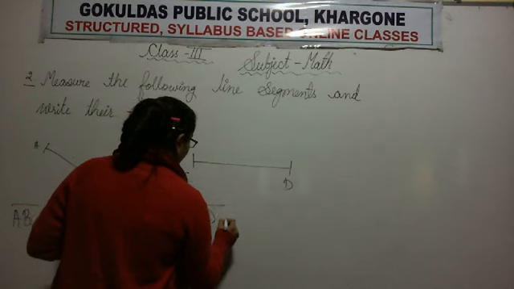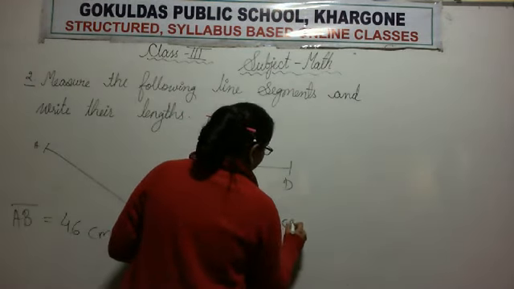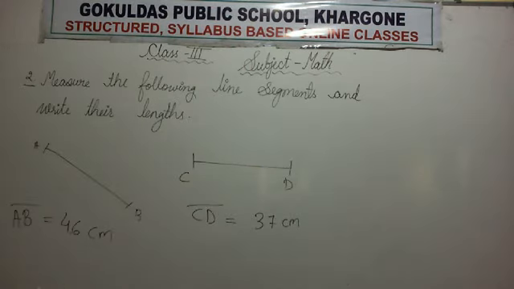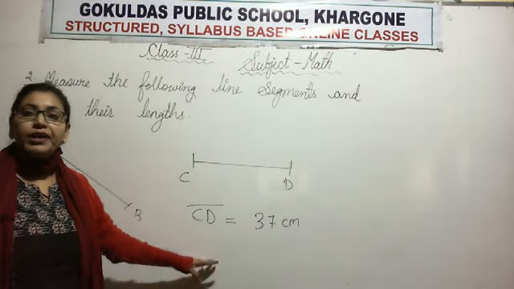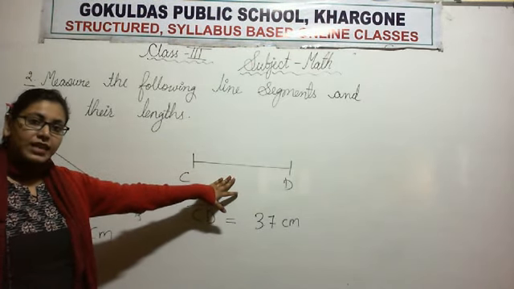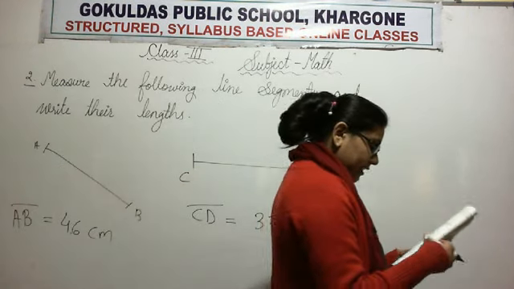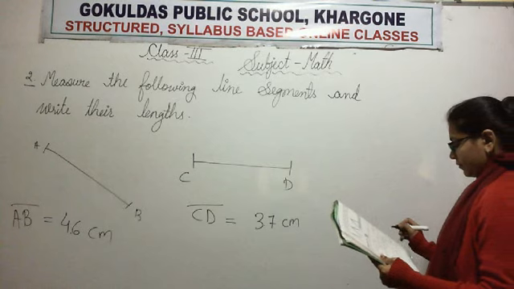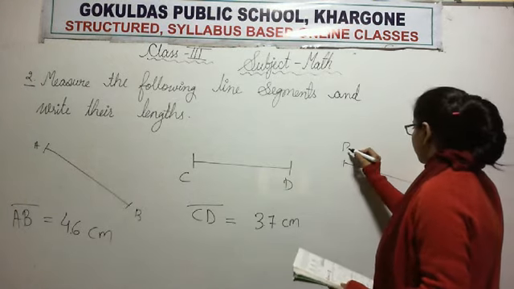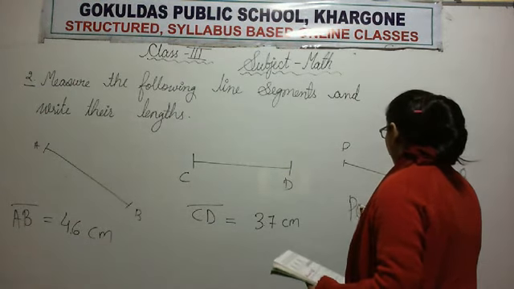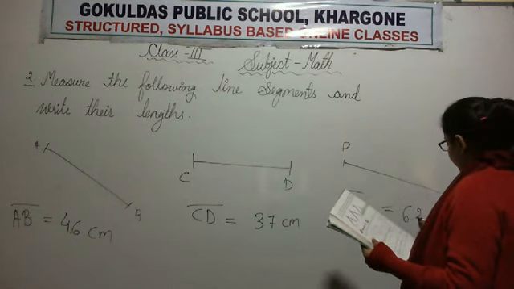Length of line segment CD is 3.7 centimeter. See students, I am just writing the answers directly. What you need to do is measure the length of the line segment and check your answer with this one. And the last line segment is PQ. So the length of PQ is 6.2 centimeter.